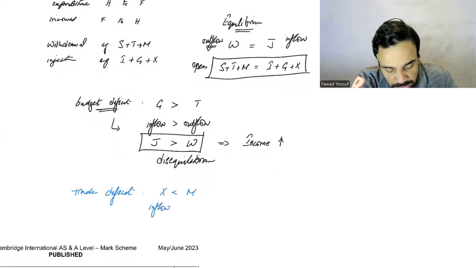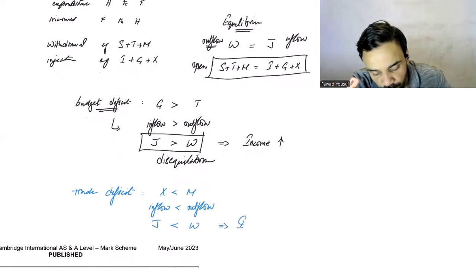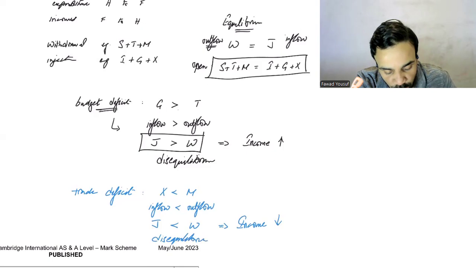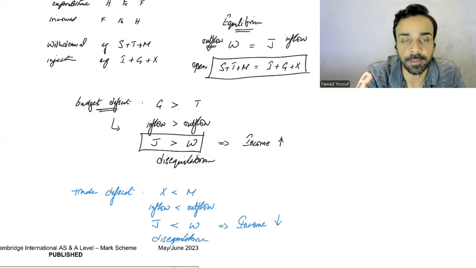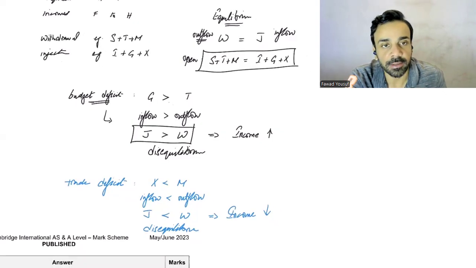Exports bring the money into the system, which is lesser, which means that the injections are less and withdrawals are more. So clearly, the national income is going to fall as a result, and you do have a disequilibrium.